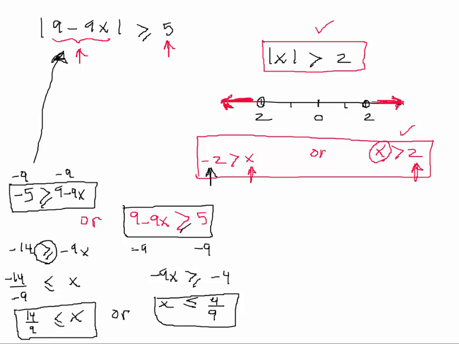So if I were going to write this, we're going to put all the numbers that are greater than 14 over 9, for this one here would be 14 over 9 comma infinity, and then this one here union it with all the numbers less than 4 over 9 would be from negative infinity all the way to 4 over 9.